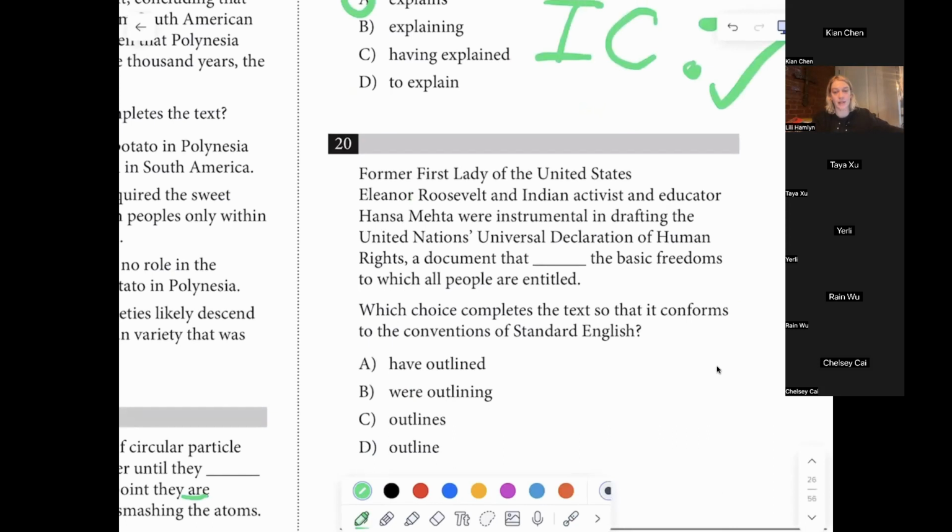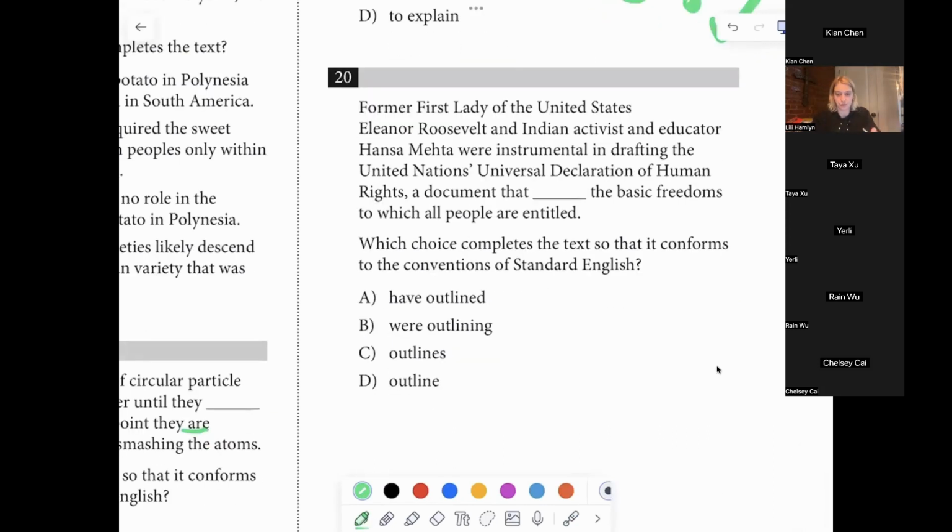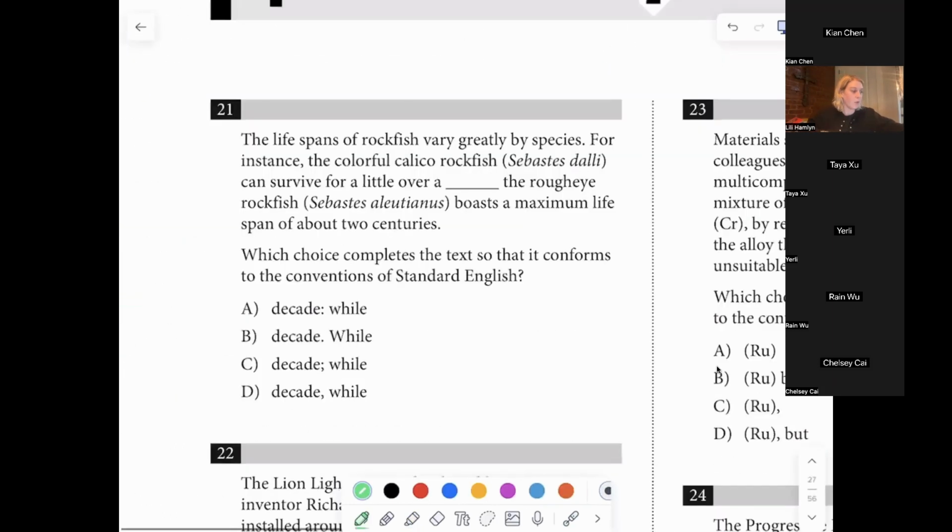All right, number 20. Yup, fab, everyone. Good. This is a subject-verb agreement question. The subject here is a document, which is singular. And so we want the singular verb form, which is outlined. So it's C.